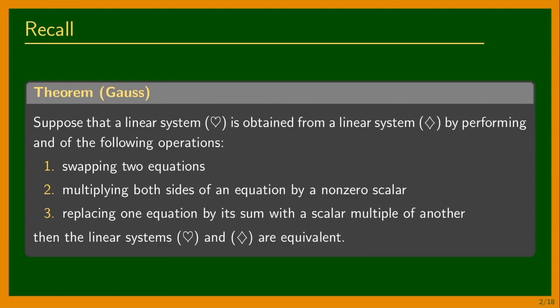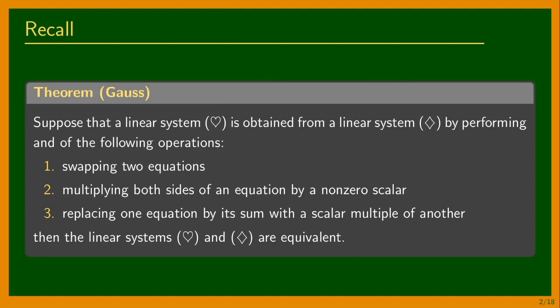So to begin, we first recall some results from the previous lesson. Here you get two linear systems denoted by heart and diamond, and the linear system heart was obtained from the linear system diamond by performing any of the following operations.